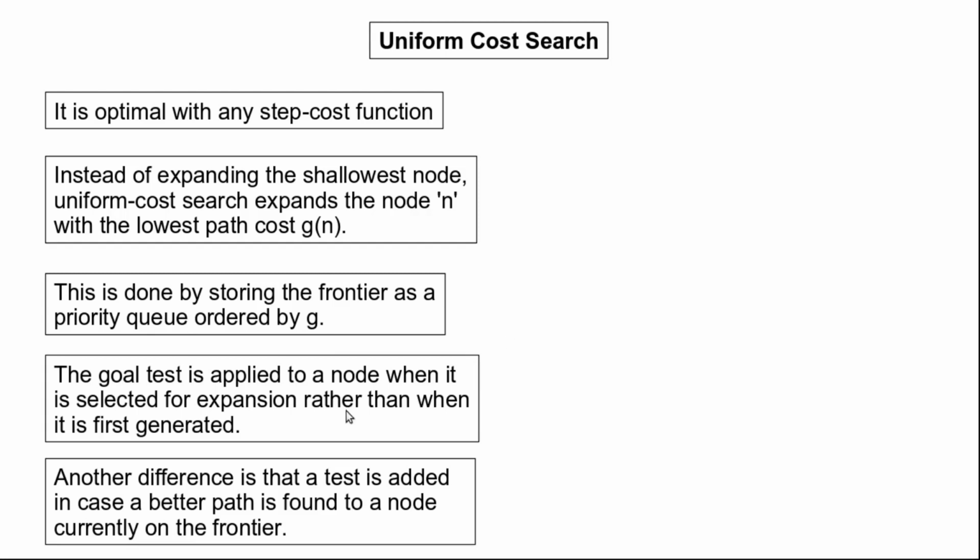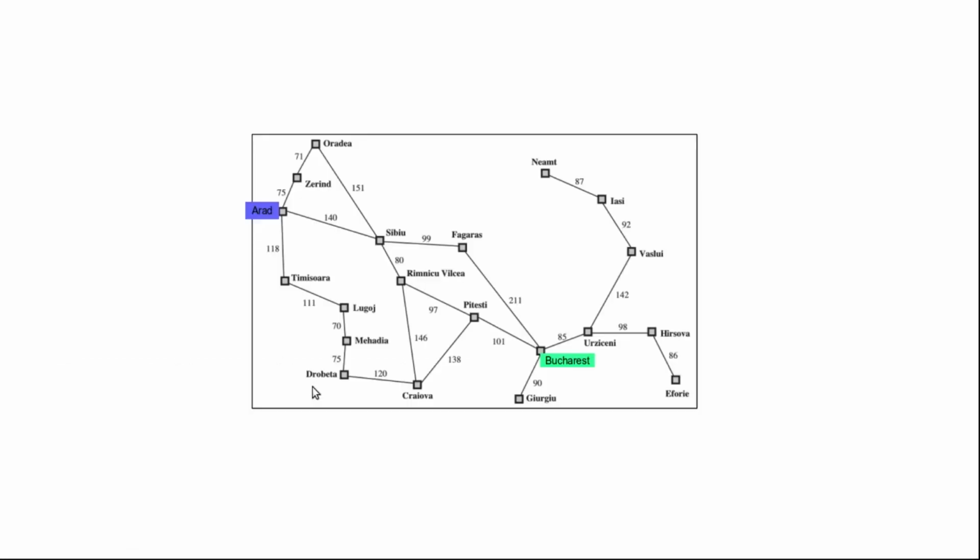So let me explain all this using one example, and we will take the same example where we need to find a route from Arad to Bucharest in this given map.